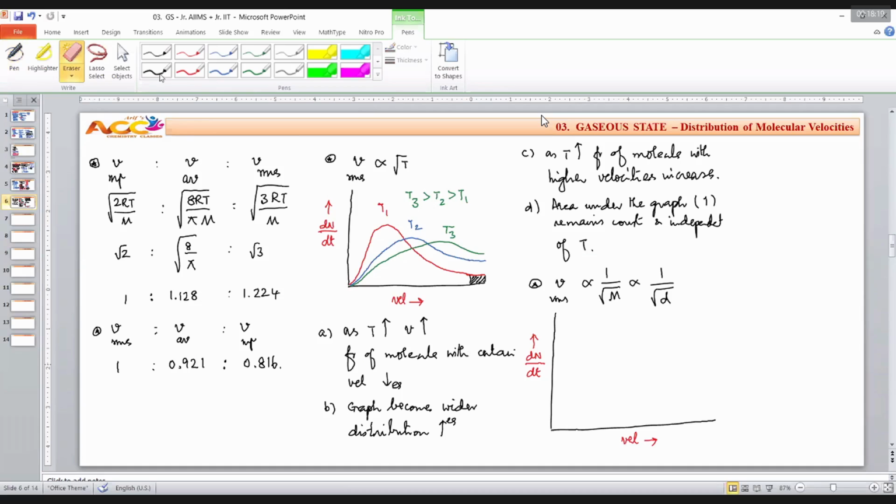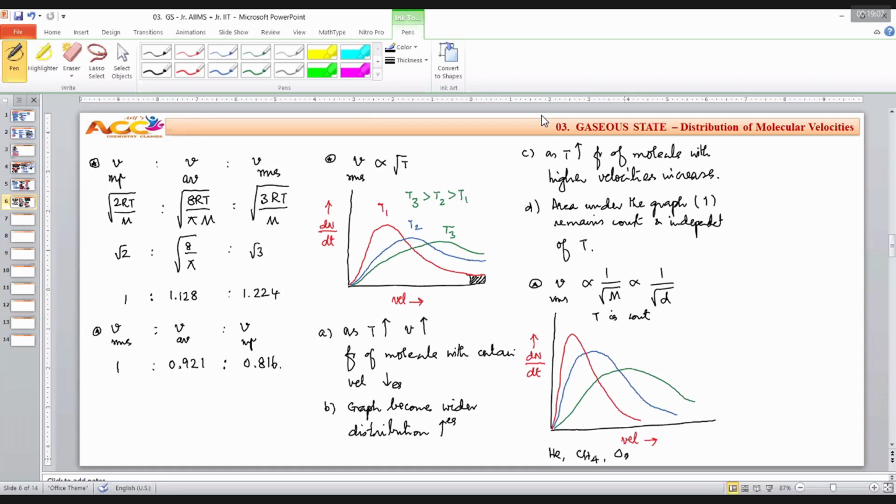There are graphs given like this. Temperature is constant, and you are given 3 gases: one is helium, one is methane, and one is oxygen.